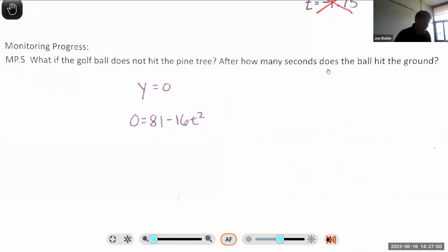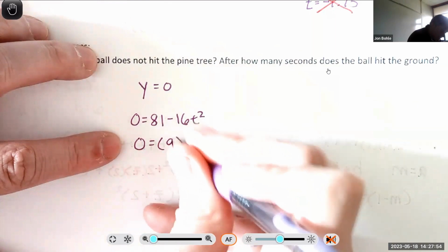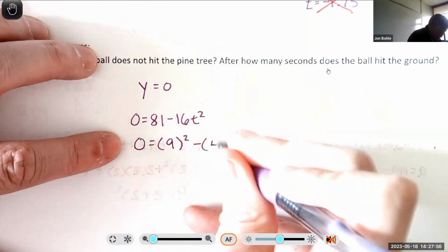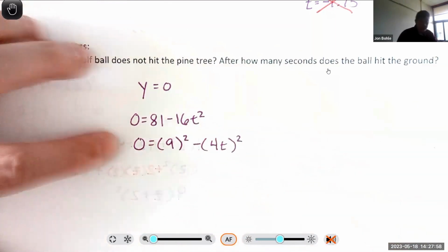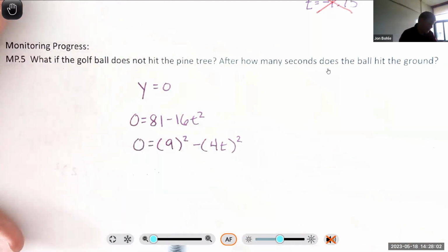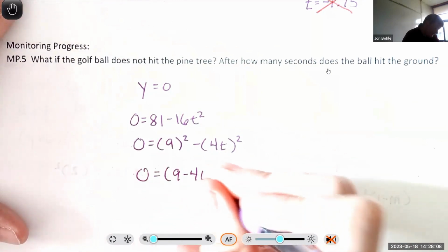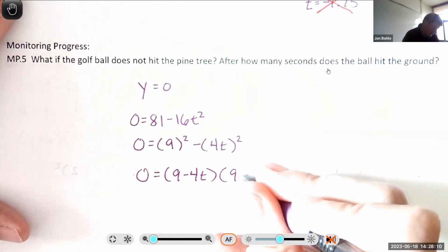Okay, so then I can just begin to factor, where this is a difference of squares, where the a value is 9 and the b value once again is 4t, because 9 times 9 is 81 and 4t times 4t is 16t squared. So this is going to factor into 9 minus 4t times 9 plus 4t.